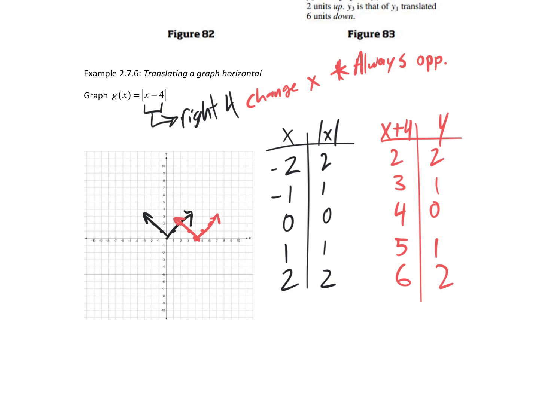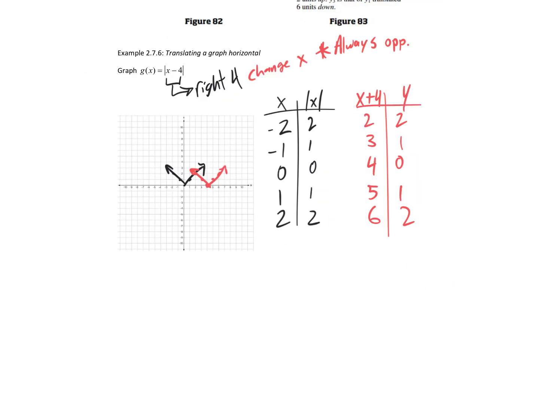And so here we can see the shifted right graph. Now, this is a horizontal transformation. It shifts to the right. Again, every time you look inside of the function, right? So in this case, inside of the absolute value lines, you have to remember that what the math is showing you in that function is actually backwards from what is actually happening.